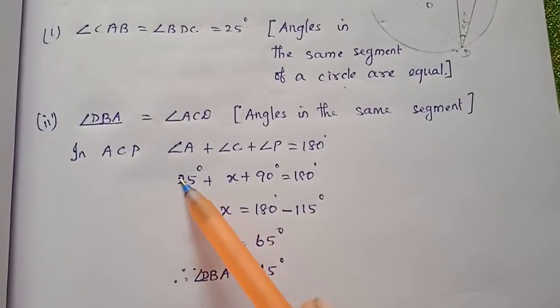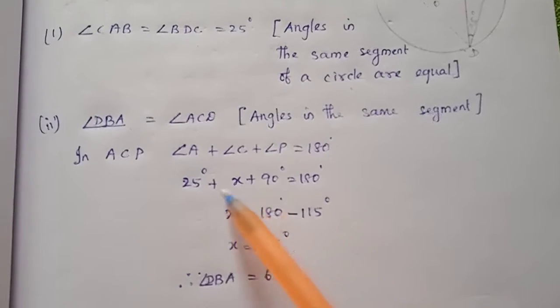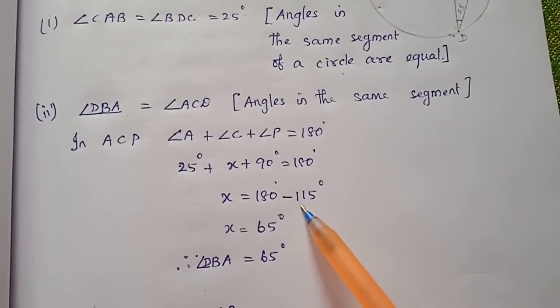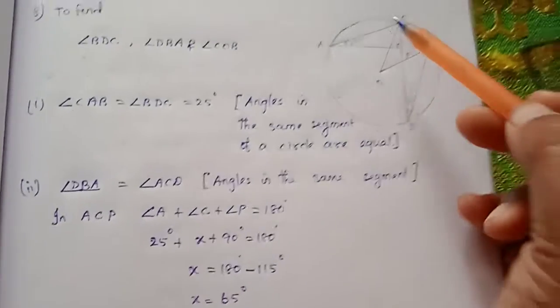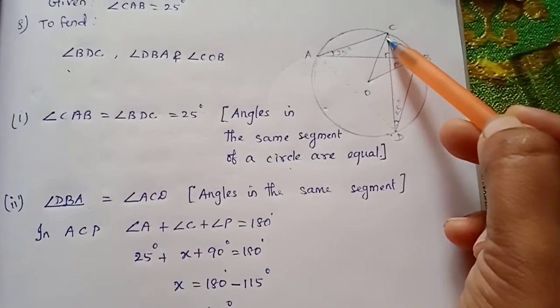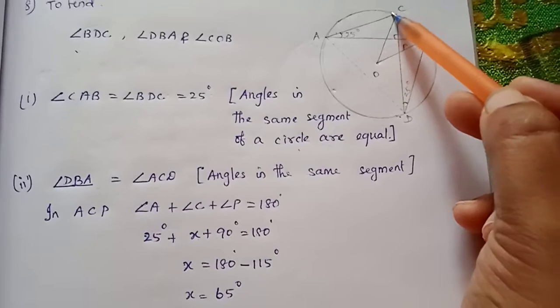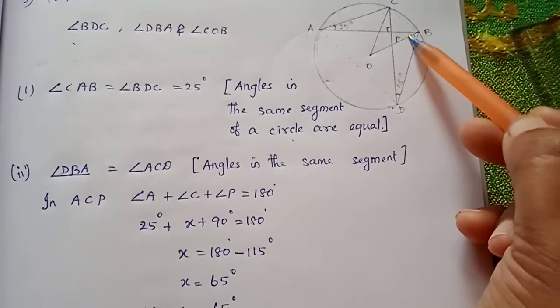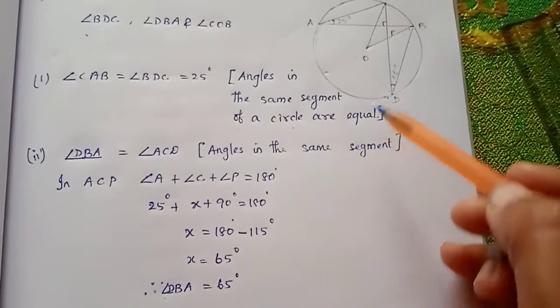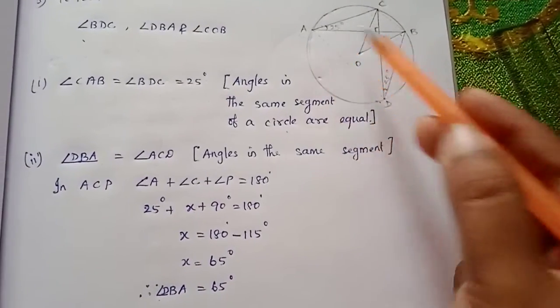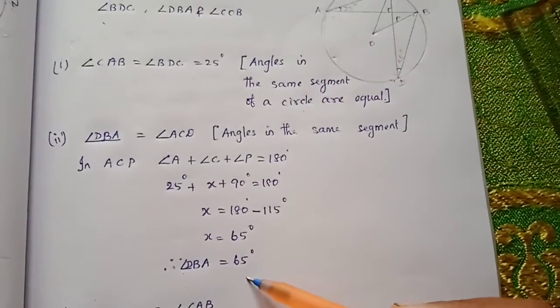So x plus 25 plus 90 equals 180. Bringing it to the other side, it becomes subtraction: 180 minus 115, it is 65. Therefore, this angle x is equal to 65 degrees. If it is 65, then this angle will also be 65 degrees. Therefore, angle DBA equals 65 degrees.